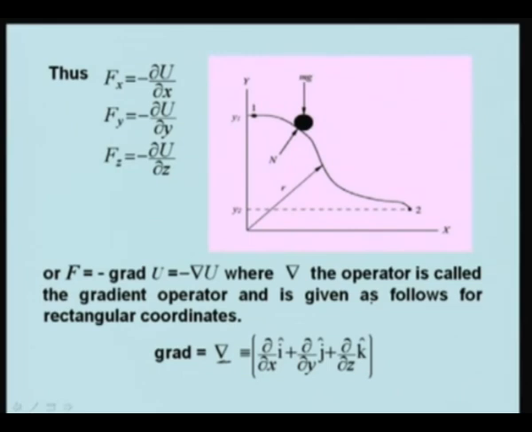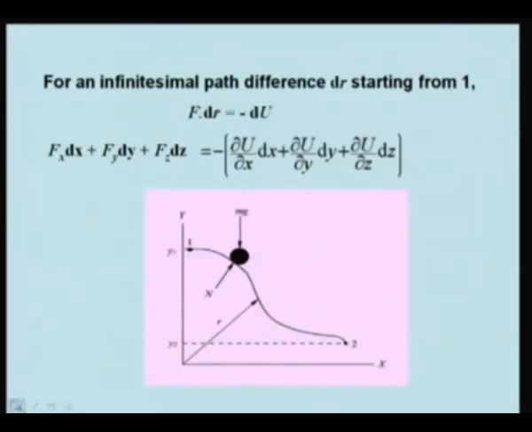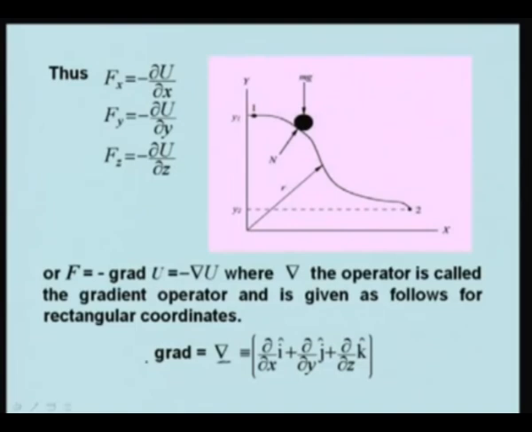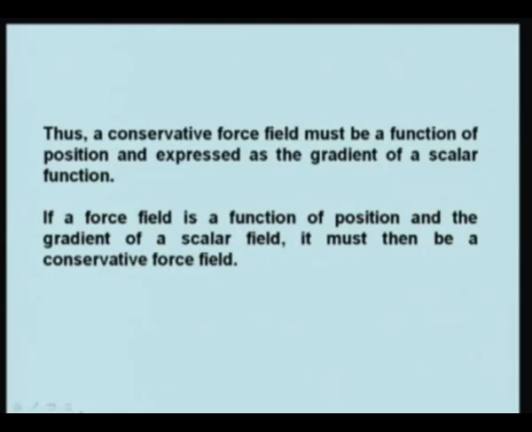So if you have a conservative force field, it can be expressed as the gradient of some potential energy function. Thus, a conservative force field must be a function of position and expressed as the gradient of a scalar function. If a force field is a function of position and the gradient of a scalar field, it must then be a conservative force field.